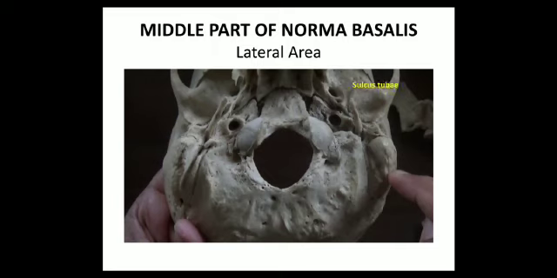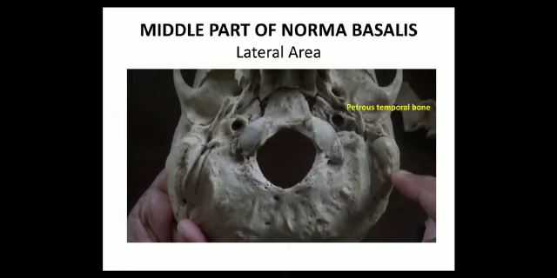Then the sulcus tubae is the structure present between the petrous temporal bone and the greater wing of the sphenoid bone. The inferior aspect of the petrous temporal bone is projected downwards. It is triangular in shape and the apex is directed forwards and medially.